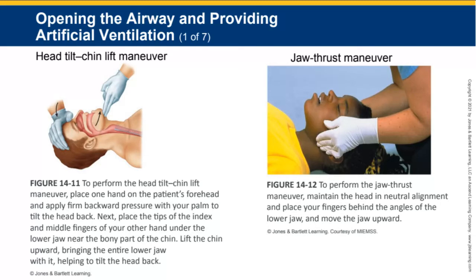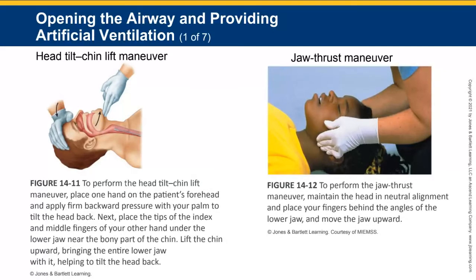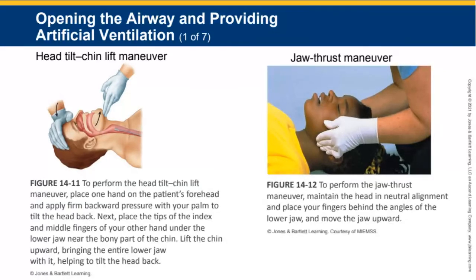The jaw thrust maneuver is for the patient that you suspect has a spinal injury. So these are the two techniques. You can also use what is called a controlled head tilt chin lift if the jaw thrust is not effective.